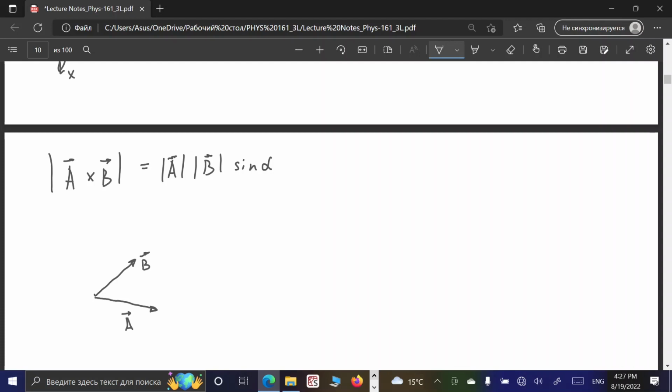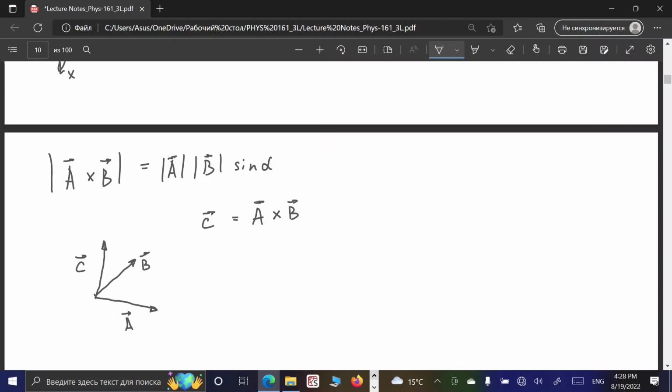It will always be perpendicular to both vectors A and B, meaning the cross product of vectors A and B will be perpendicular to the plane which goes through these vectors. So we will get here some vector C, and this vector C is equal to the cross product of vectors A and B.